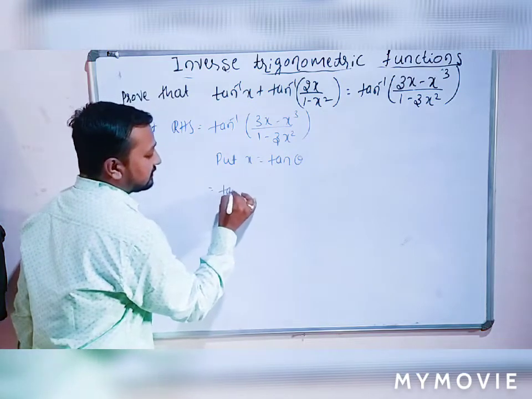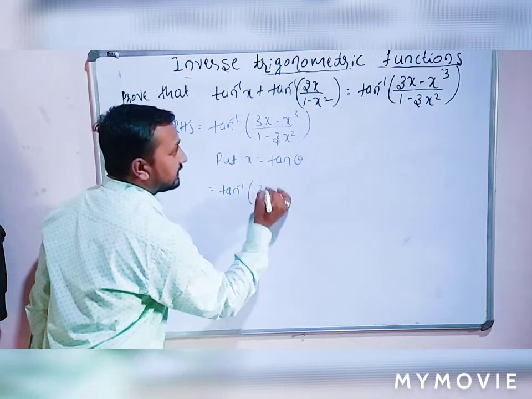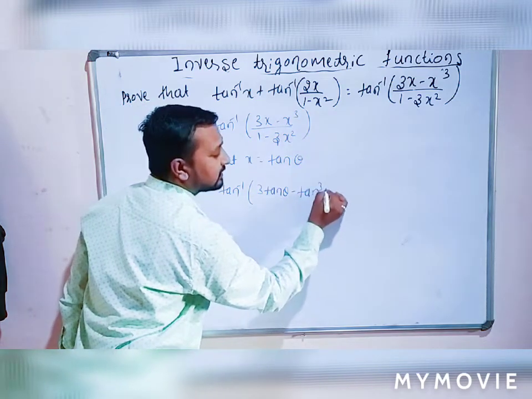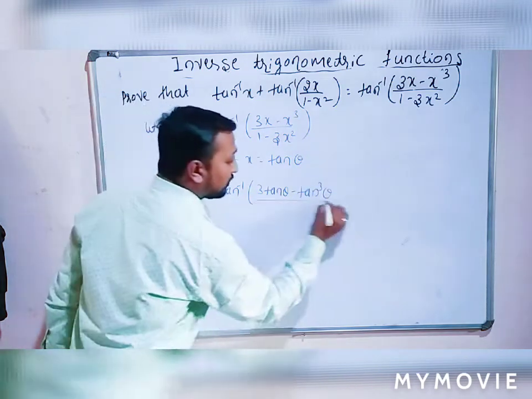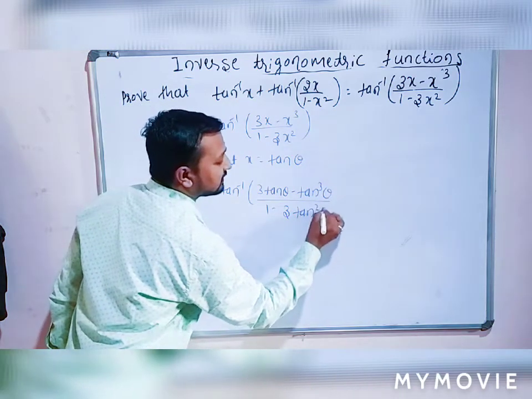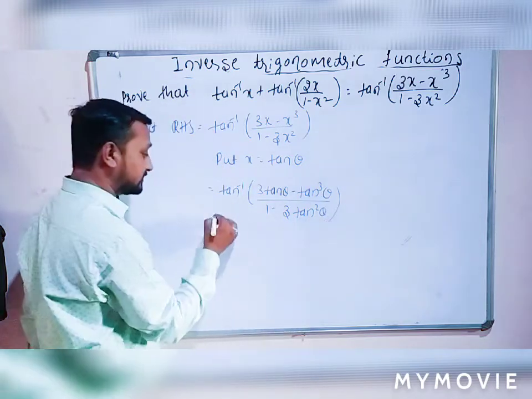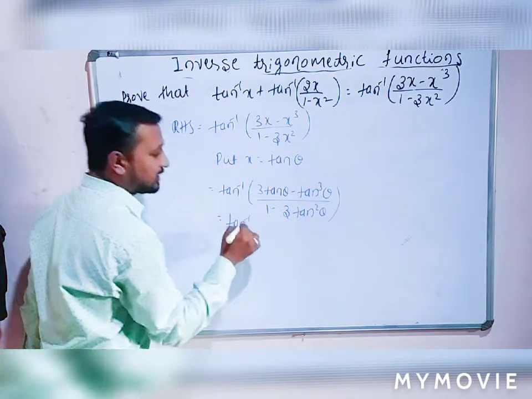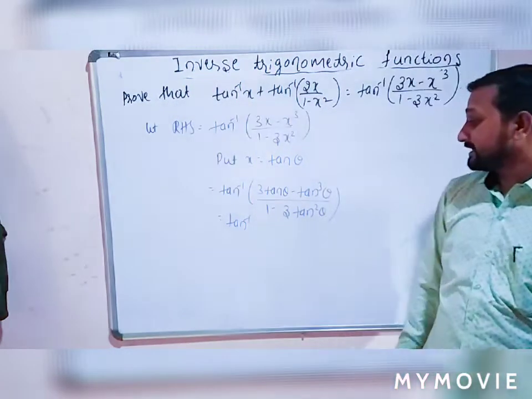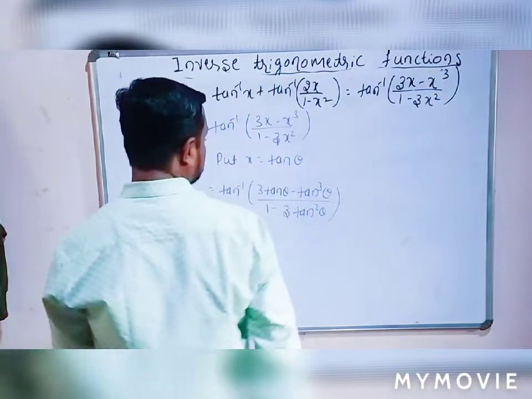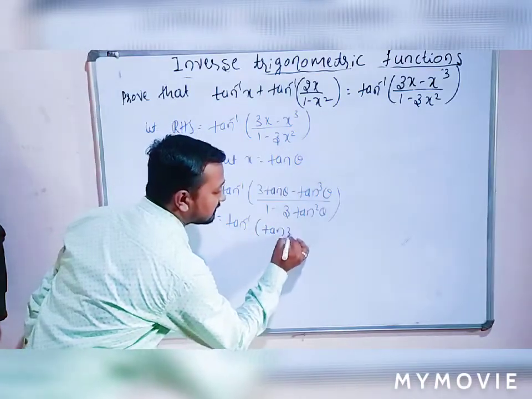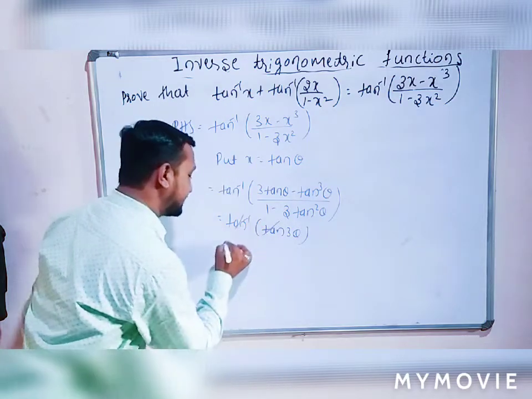That is tan inverse of 3 tan theta minus tan cube theta, whole divided by 1 minus 3 tan square theta, which is the formula for tan 3 theta. Tan inverse and tan get cancelled.